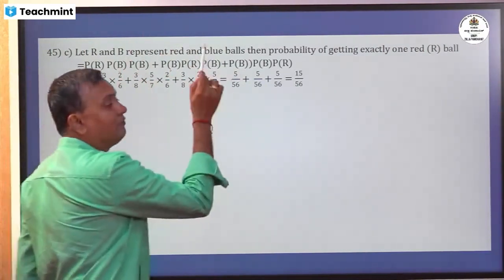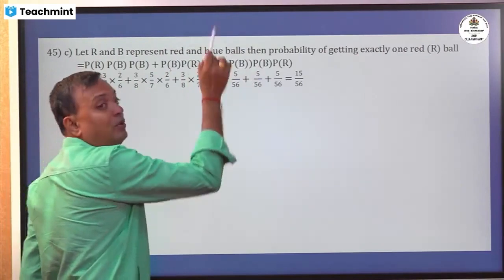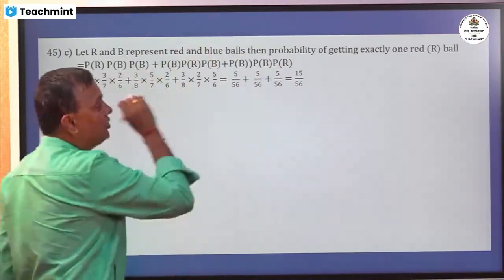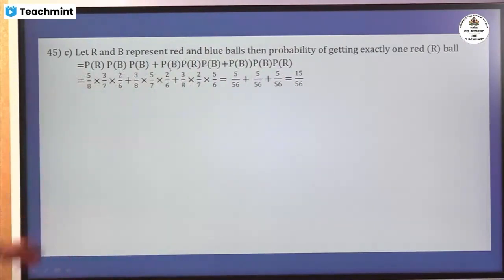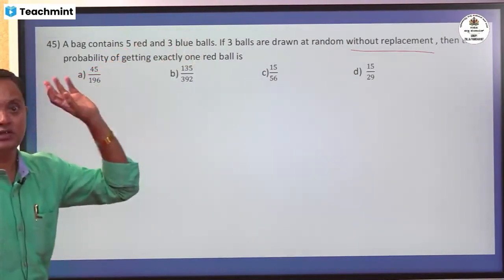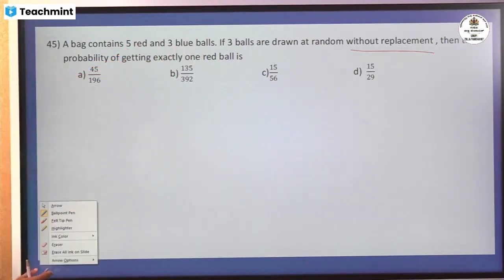Then next, first ball blue, second ball blue, but the third time we get a red ball. So three possibilities. Total, how many red balls? 5 red balls, 3 blue balls. We select 3 balls, correct?